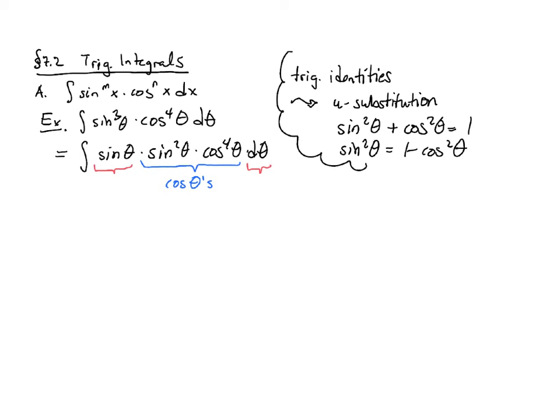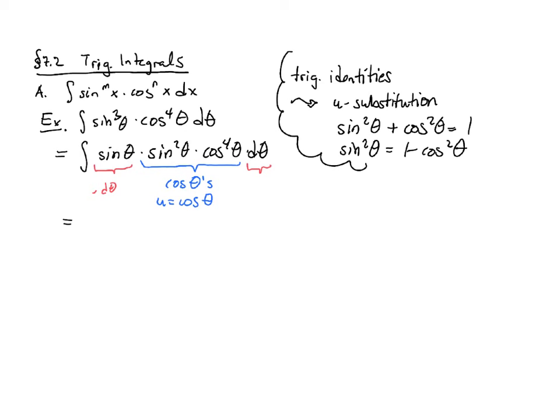So if I have u equals cosine theta, then this bit in red is essentially my d theta, off by a sign. Let's make that absolutely clear. That's the big picture. Here's how it gets implemented.